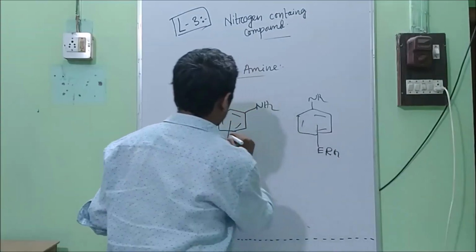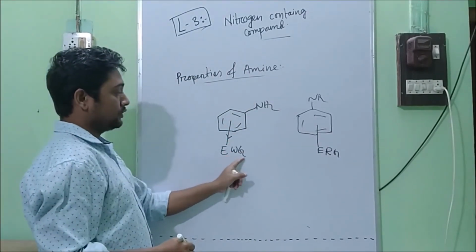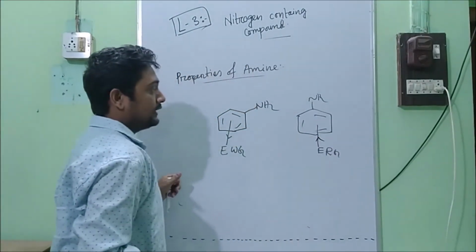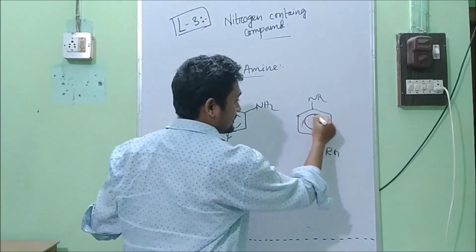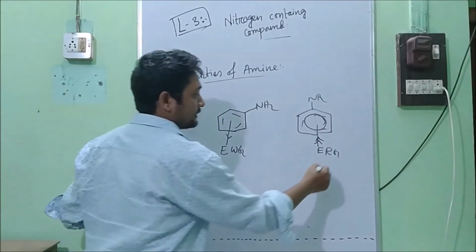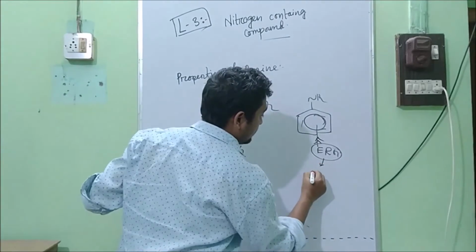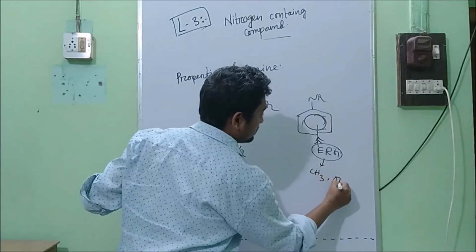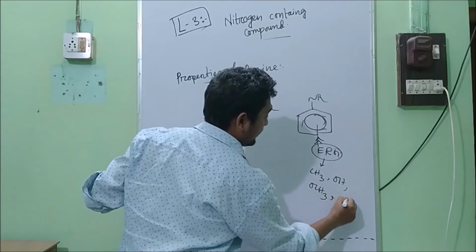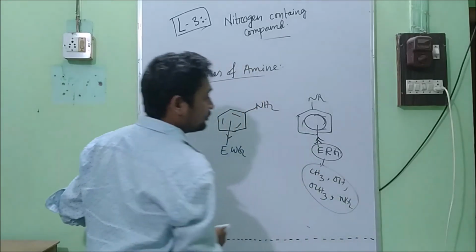Okay. Now electron withdrawing groups and electron releasing groups. Electron releasing groups will donate electrons, and the electron density will be enhanced because of this electron donation by such groups. For example, CH3, OH, OCH3, NH2 are electron releasing groups.